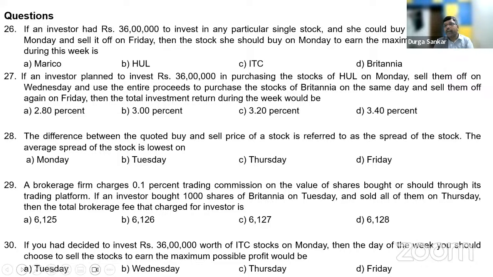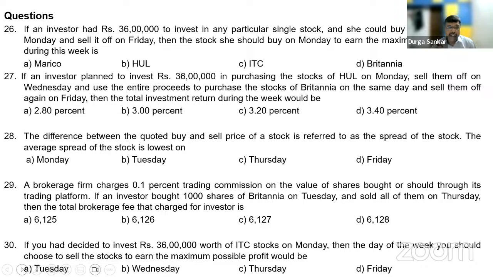Now, if I'm looking at maximum possible profit, then it does not matter how much I am investing, because he's not asking how much the profit is. He's asking which stock gives you maximum profit if you buy on Monday and sell it on Friday, which I believe can be answered by observation.